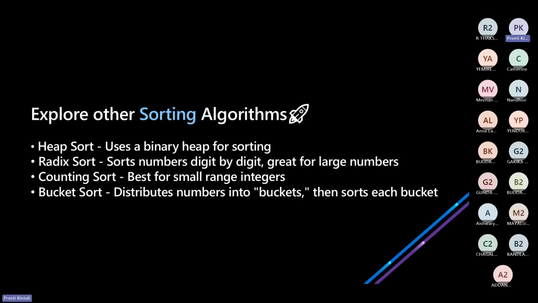In heap sort, we use a binary heap for sorting. You can search about that. Radix sort sorts numbers digit by digit, great for larger numbers. Counting sort is best for small range integers. Bucket sort distributes the numbers into buckets, then sorts each bucket. You can explore these.